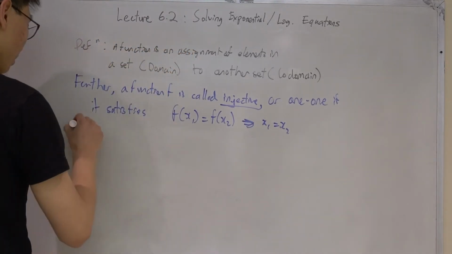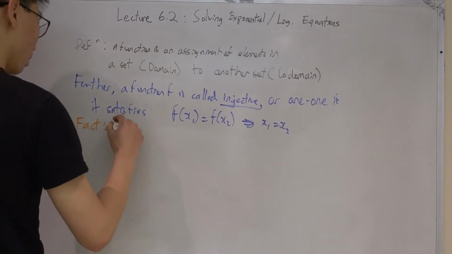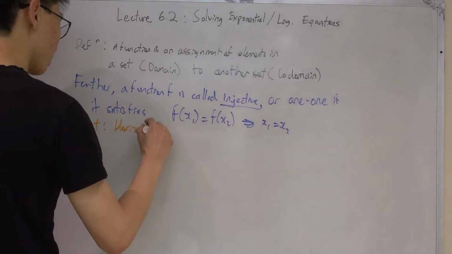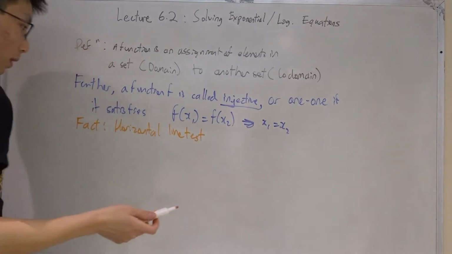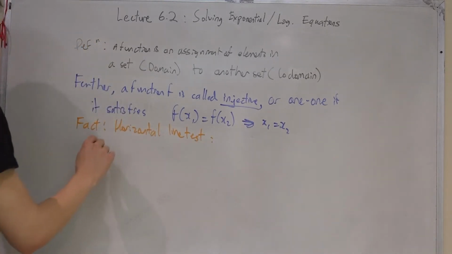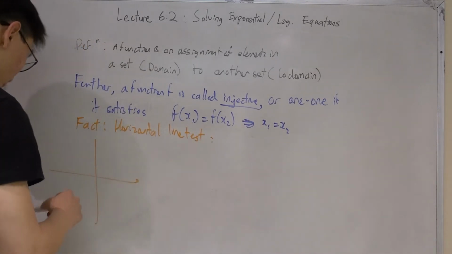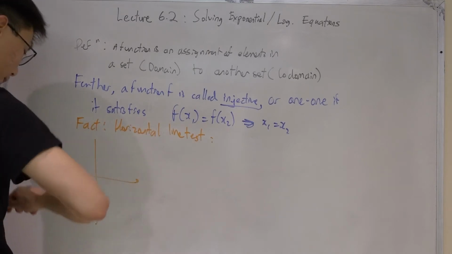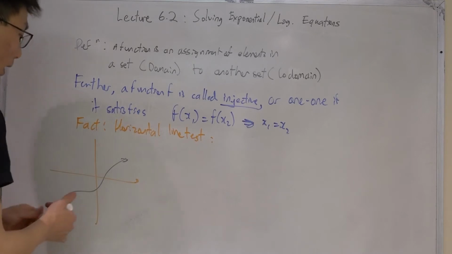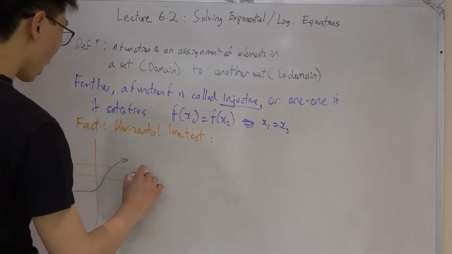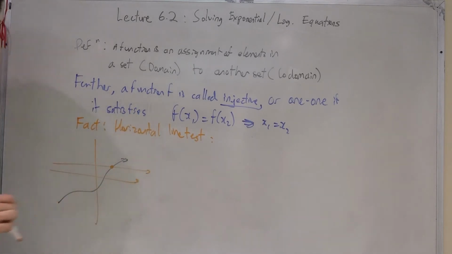So the horizontal line test is literally like you get a function and it passes the horizontal line test if every horizontal line only intersects the function once.